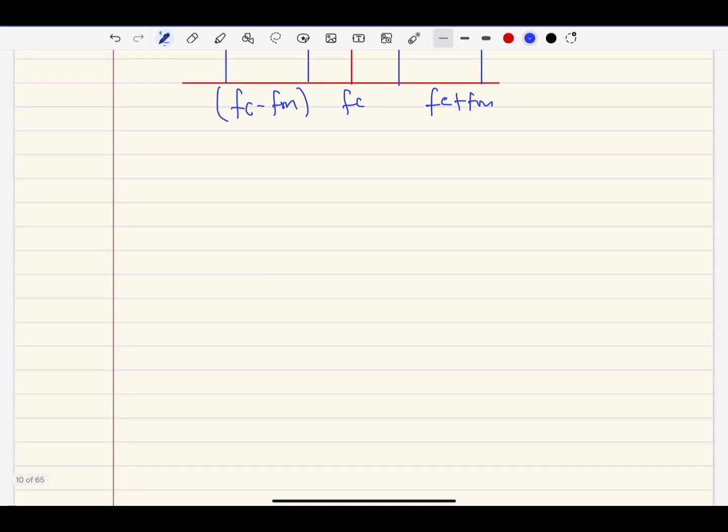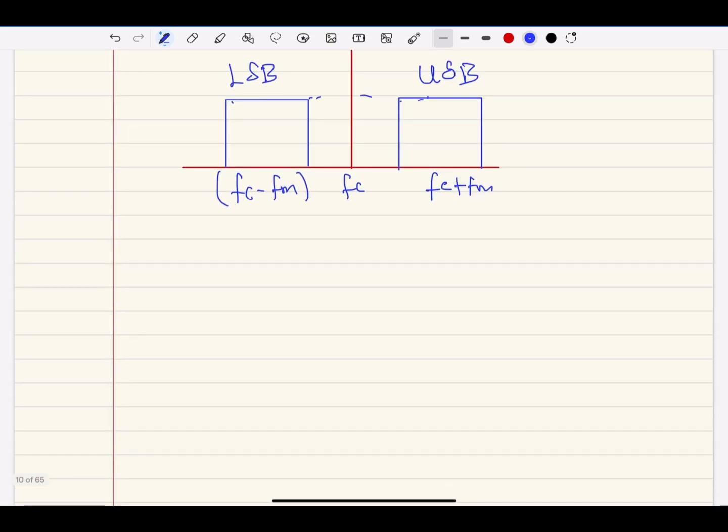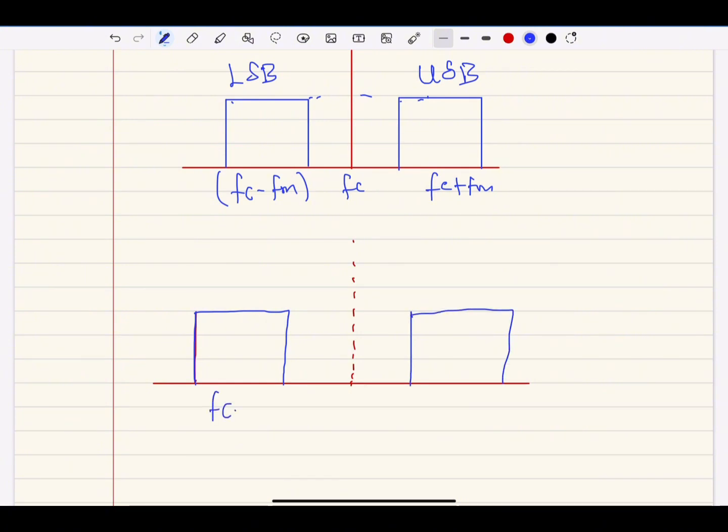For the double sideband suppressed carrier, we will have only the two sidebands with the carrier being suppressed. And therefore the diagram is going to be like this. You can label it as fc minus fm, fc plus fm.